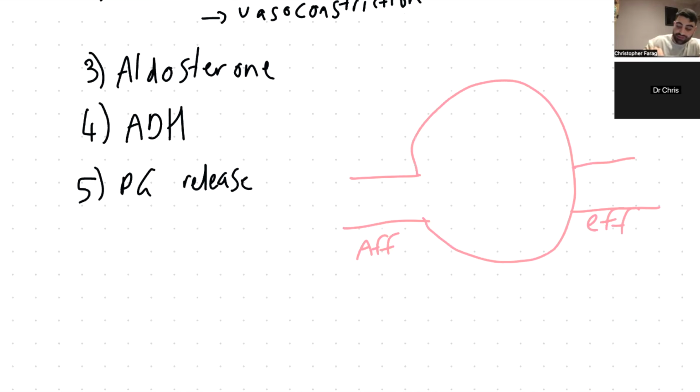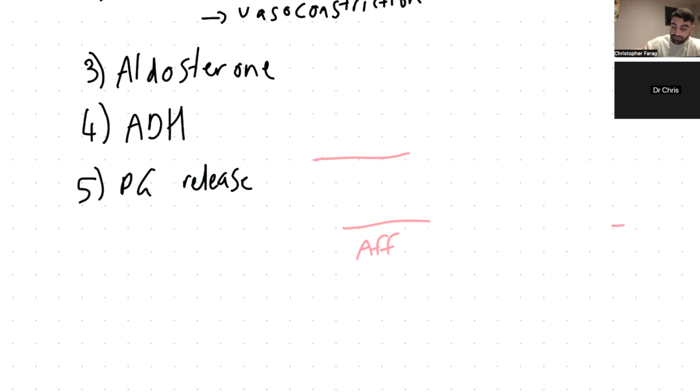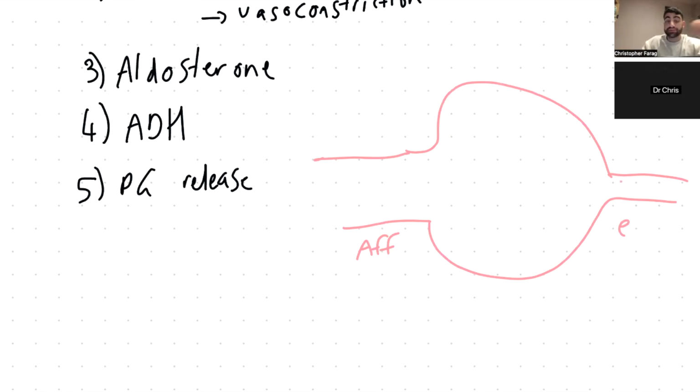So what happens is if I redraw that afferent arteriole, now it's going to be really thick. And if I try and exaggerate it for the sake of diagram, this is our glomerulus. For the sake of explanation and clarity of understanding, this is what it looks like now. Why is this good? Well, if we have a relatively dilated afferent arteriole, this means that more plasma, the circulating blood volume, will enter into the glomerulus, but struggle to leave, right?